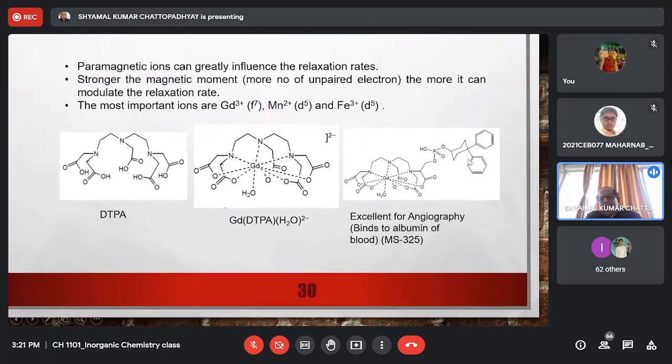So this MS325 is a very good reagent for angiography. That means you can monitor the flow of blood through certain arteries or organs. So this is a very important angiographic agent, MS325, obtained after certain modification of the original gadolinium DTPA complex.